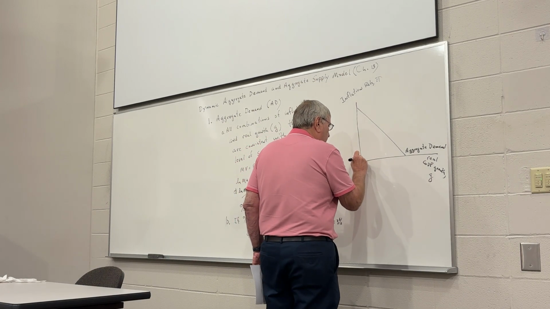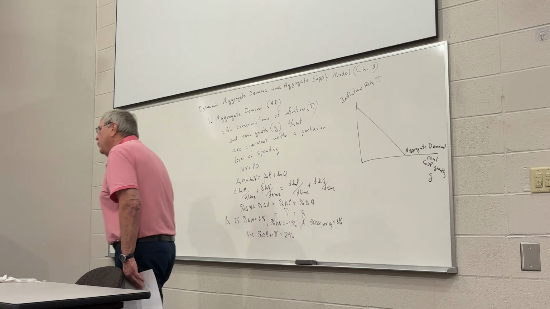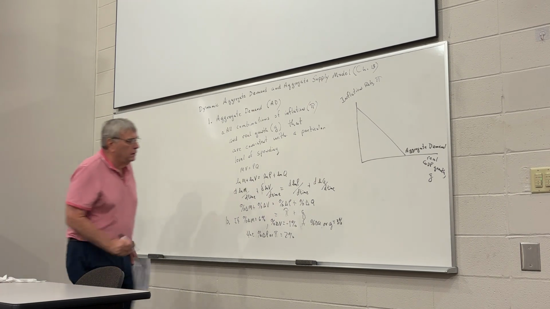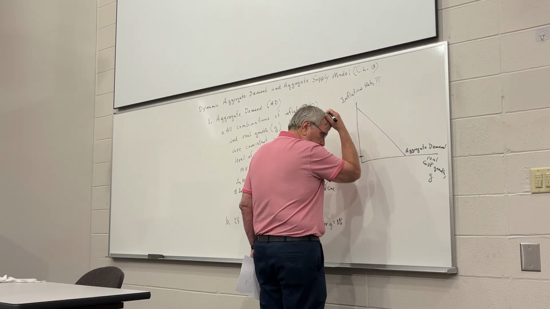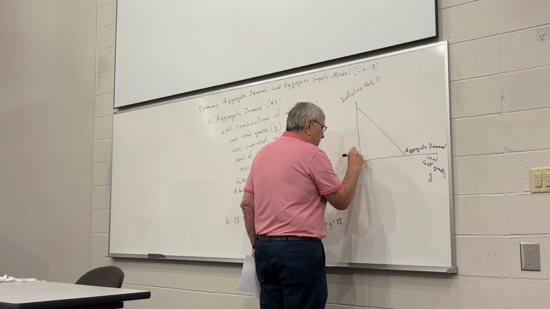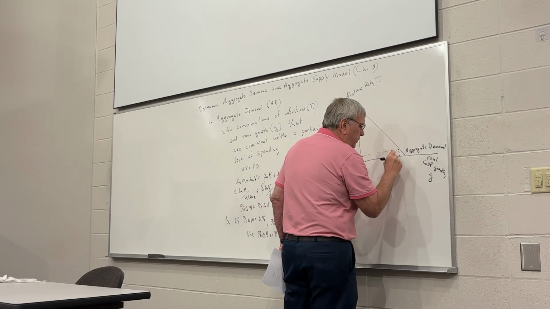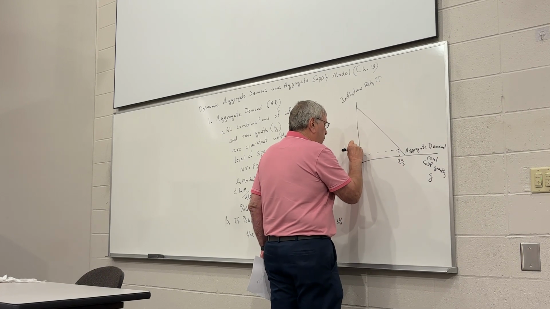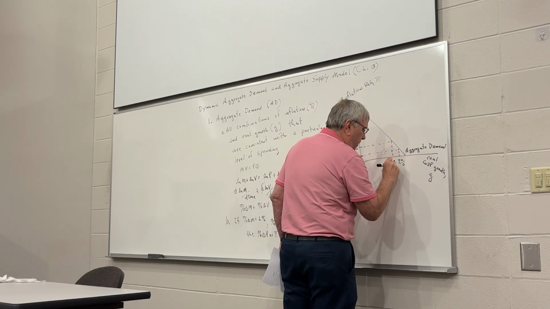Now, I can illustrate something, though usually I wait to tell you later on. If this is 2% inflation, then this is 3% growth. If inflation rises to 3%, this drops to 2% growth.